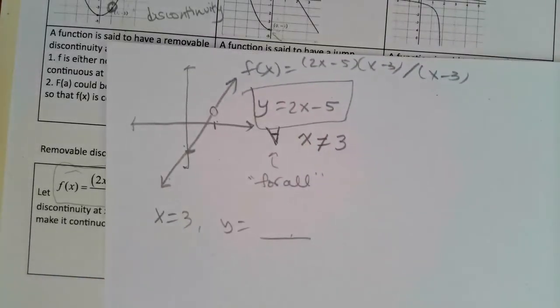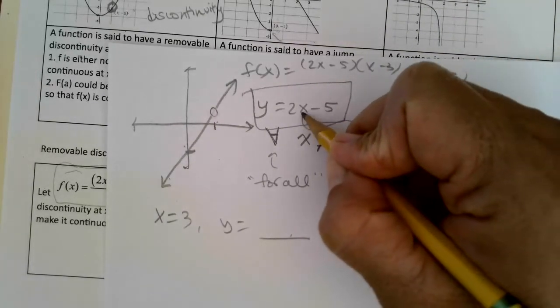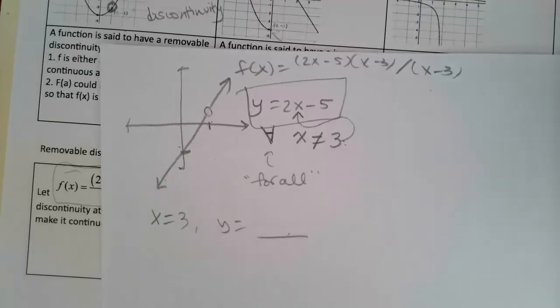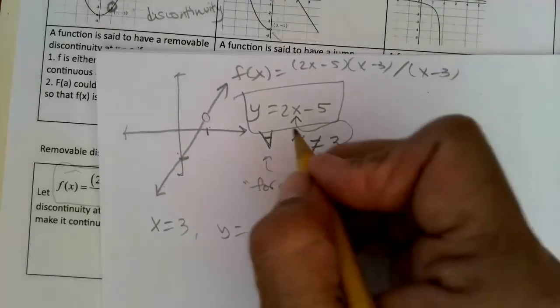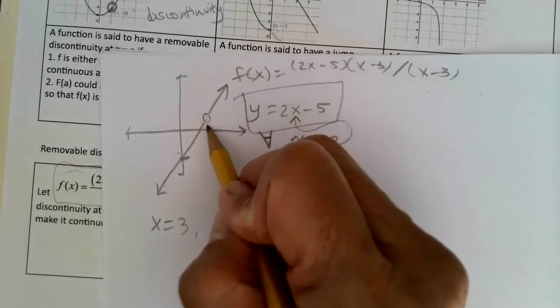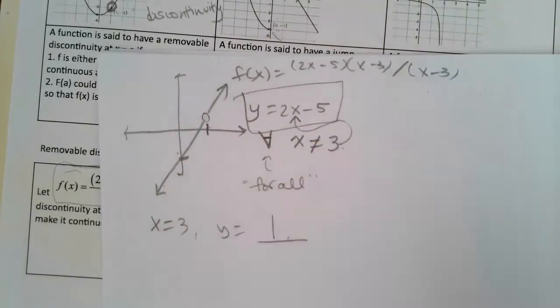Okay. So what we need to do is we just need to fill in that hole. And to find the y value that's going to fill in that hole, I'm just going to take this 3 and plug it into the linear function. So if x equals 3, my line goes through the point (3, 1).